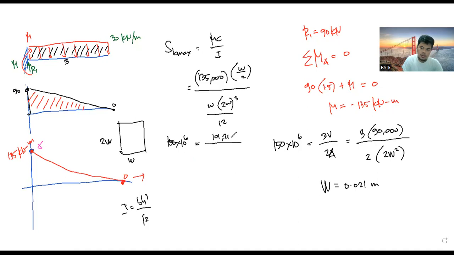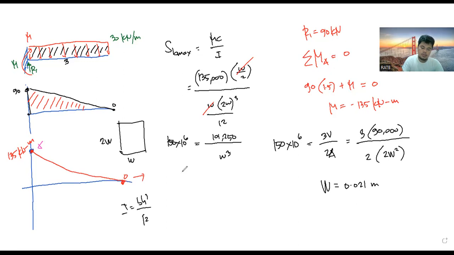That's 101,250 over W cube. So we can cancel out W, with W cube remaining in the denominator, so we have there 101,250.